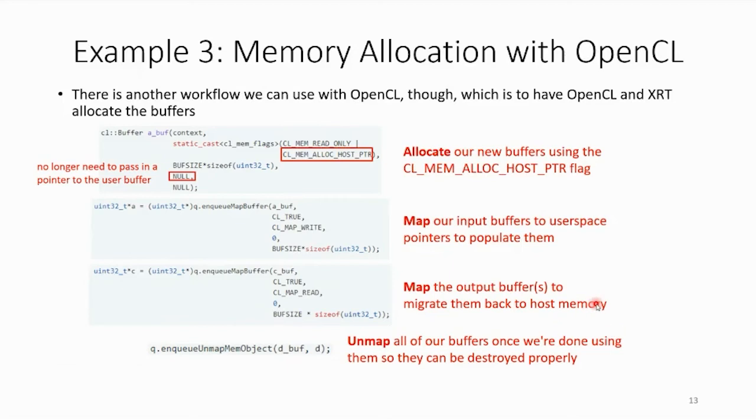Yes, if you use OpenCL to create the memory, you can do that. And then finally, we have to unmap the buffer before OpenCL ends. Before OpenCL ends, yes, it needs to unmap the buffer.